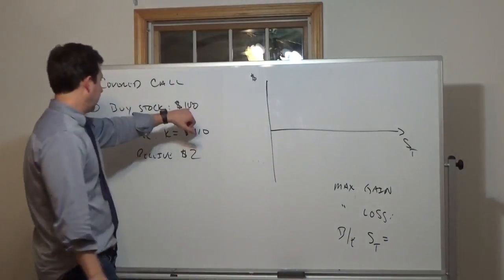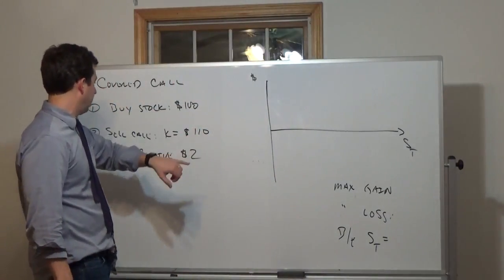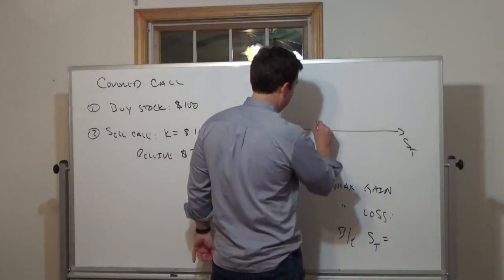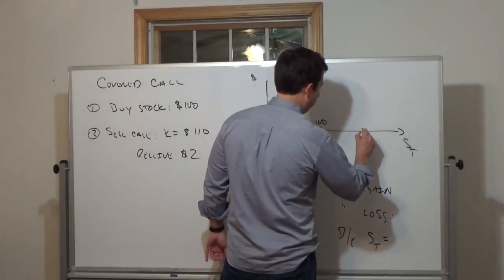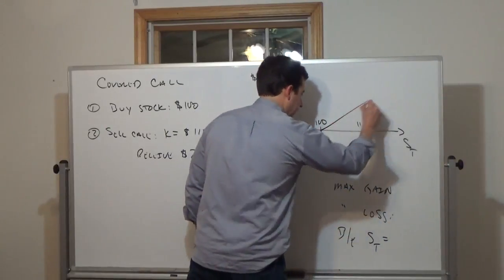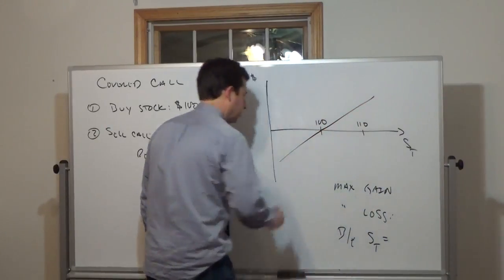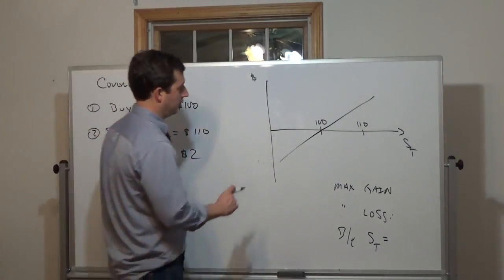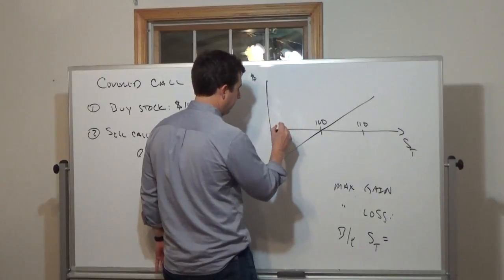So, looking at it, we bought the stock for 100, and the call has a strike of 110. So here we'll put 100, and we'll put the strike price 110 here. P&L on the stock, again, is simply a line with slope of 1. Here we received $2, so the payoff on the call looks like this.